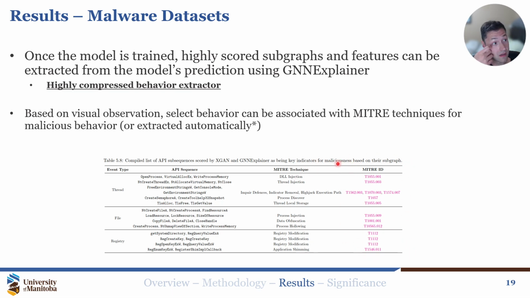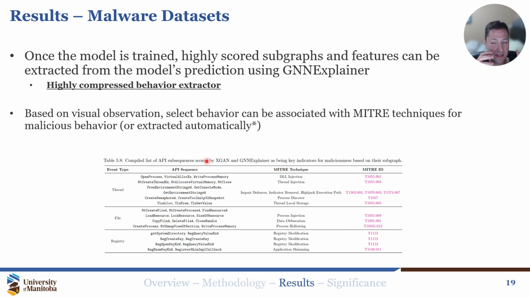So what are we doing here? We're creating a model that can identify malware and also benignware. We can look at the features that benignware is using and note those as low scoring API sequences. But what we're actually doing is extracting these API sequences because the model has learned things.